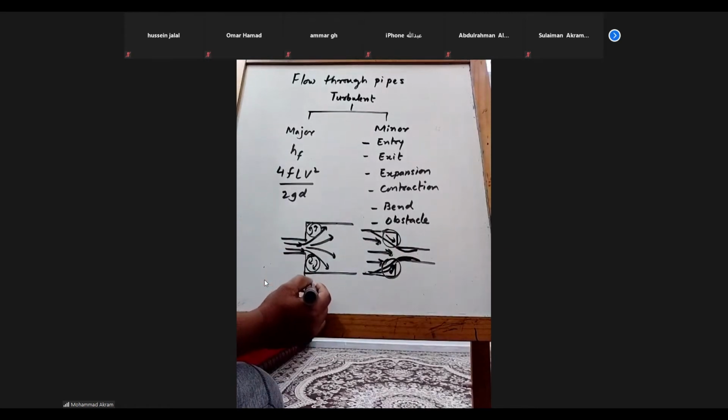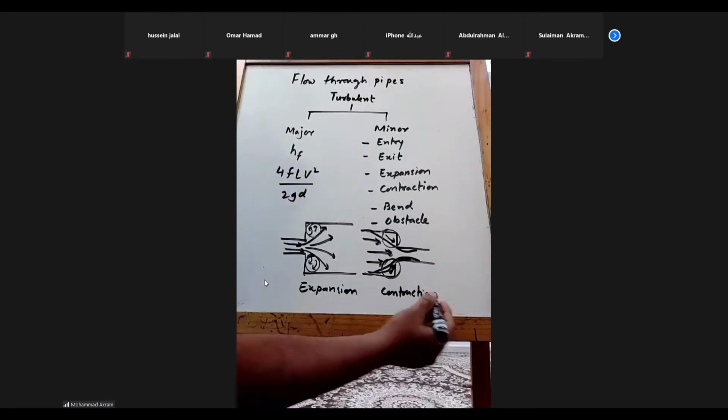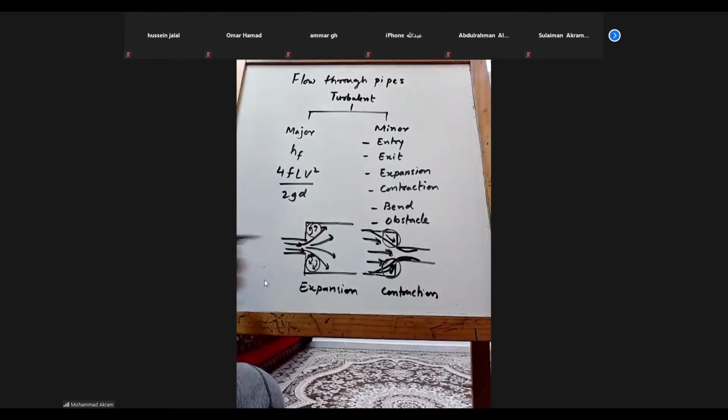So this is expansion, then contraction. Contraction means after a large area you have a sudden small area, then there will be loss. From a small area, if you have a large area pipe, then you have losses.